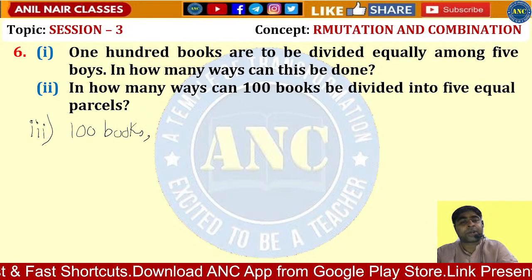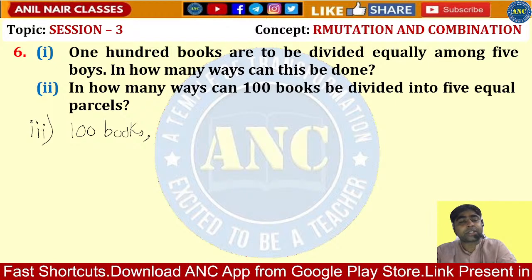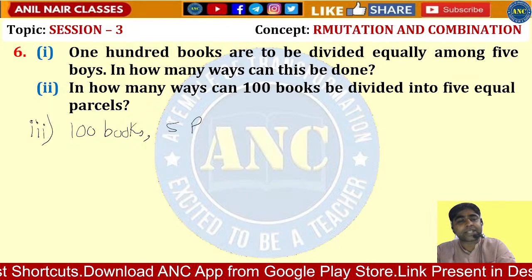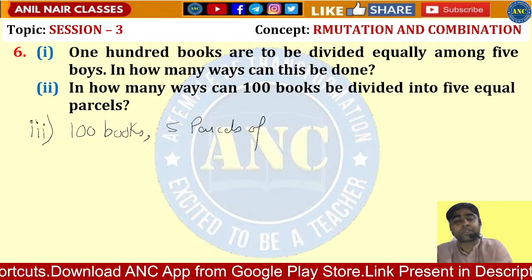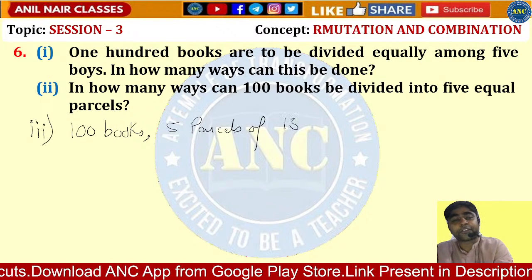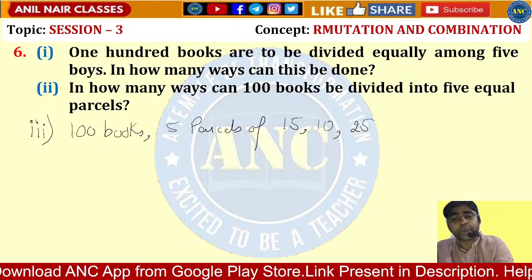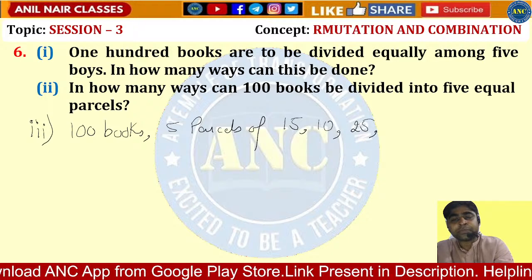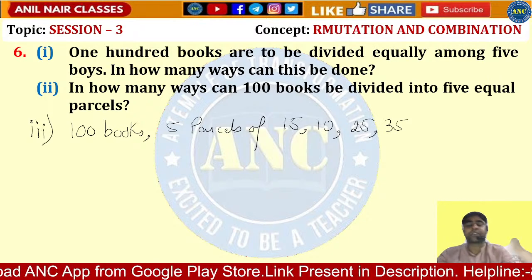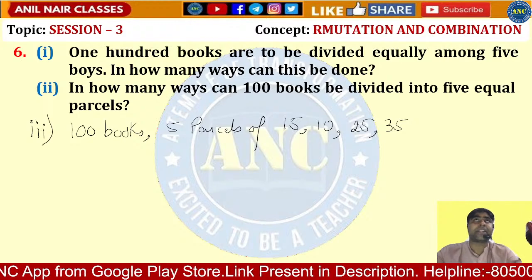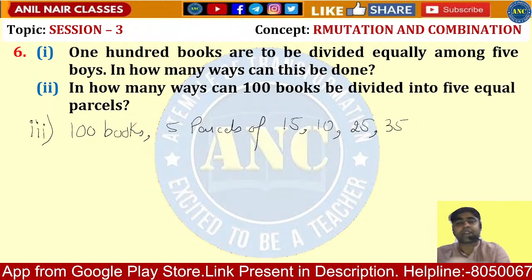Now I want to make, let's say, 5 parcels of 15, 10, 25, 35. Okay, this would become 60, 70, 85 and 15.